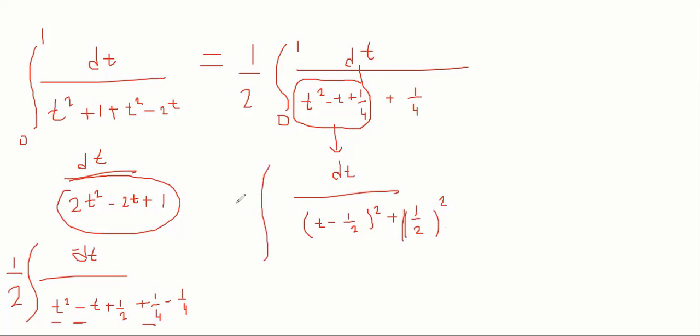And the integration is as it is, half at the start and 0 to 1. We are very good now. We are in the form of 1 over a square plus x square, or 1 by t minus a square plus a square, whichever way you say it.